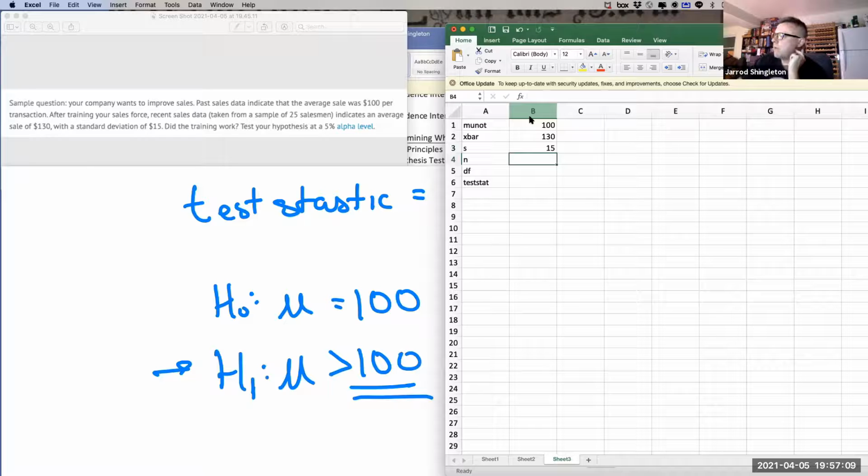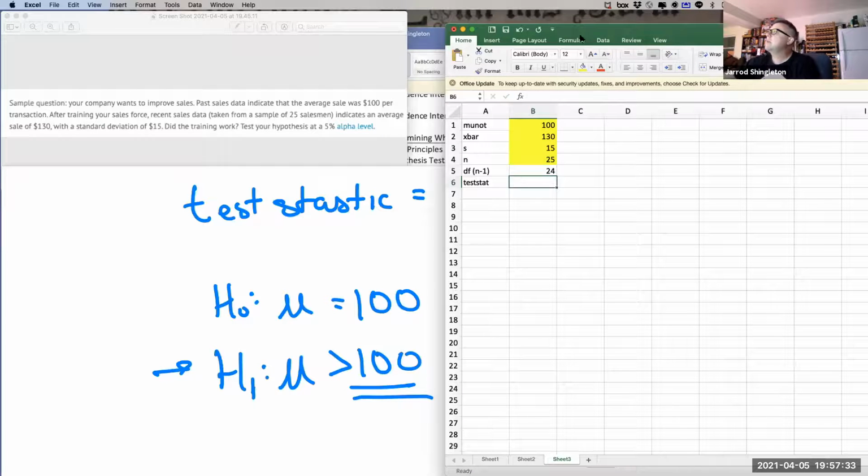Our number of observations, remember, is 25. Degrees of freedom is always N minus 1. I could put this in here as an indicator. N minus 1, okay? So this is equal to this top one minus 1. Anytime I'm creating a template, I also like to highlight in yellow the stuff I need to input. Anything else is going to be created itself, right? This formula is going to make this.